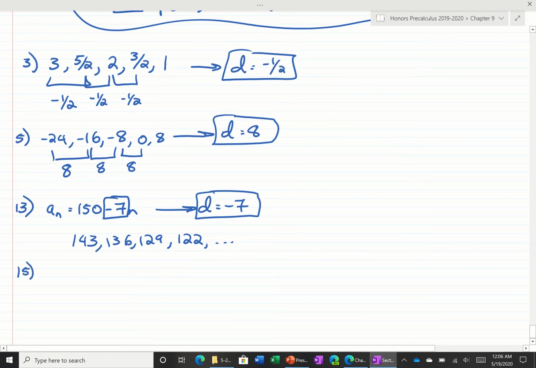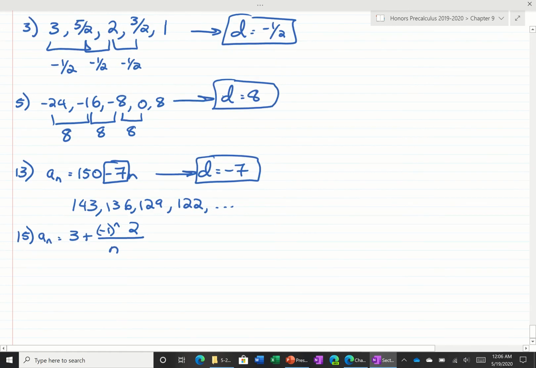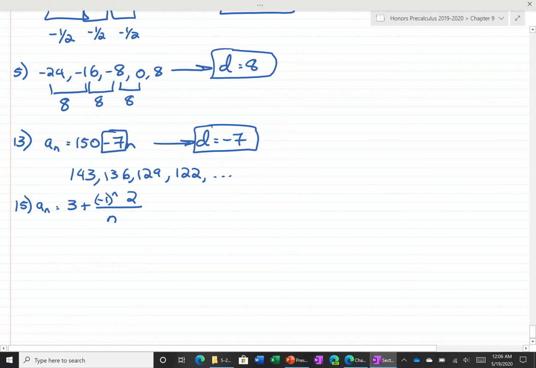Number 15, it says a sub n is equal to 3 plus negative 1 to the n times 2 over n. Well, that's interesting. So let's write the first few numbers. First number is going to be 1. So we have negative 2 over 1 is negative 2 plus 3 is 1.